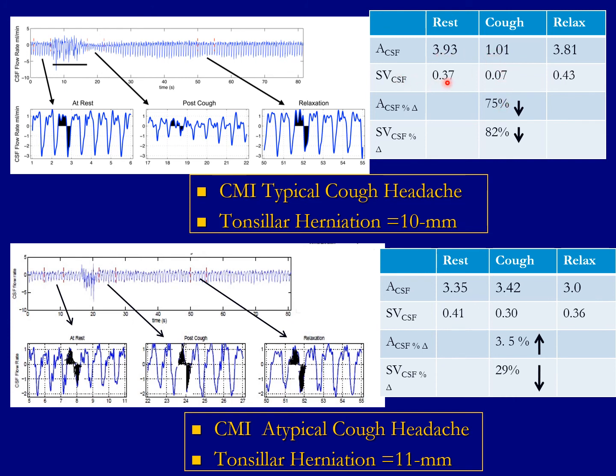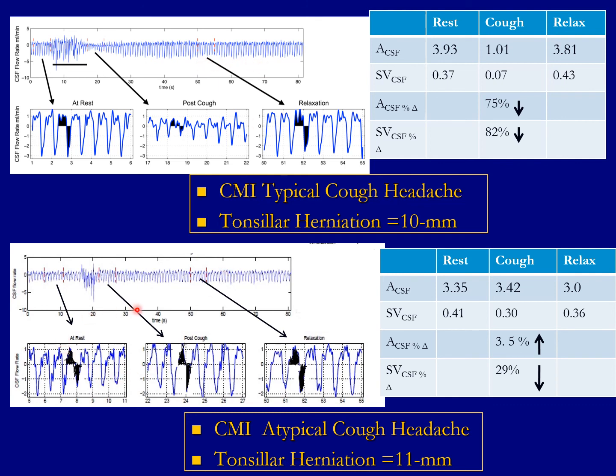And when you look at the area under the curve, it decreased by about 82%. So there is a considerable decrease from the resting to after coughing, which comes back to almost normal on relaxation, when the patient has stopped coughing, after about 30, 40 seconds after the coughing.